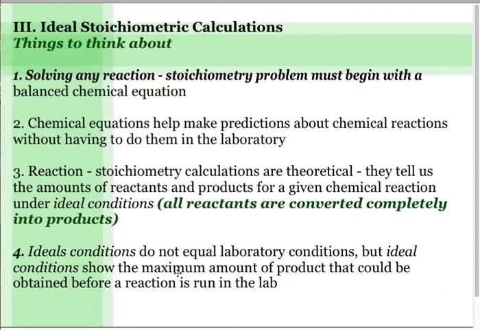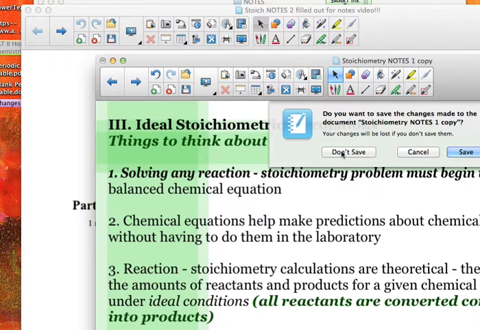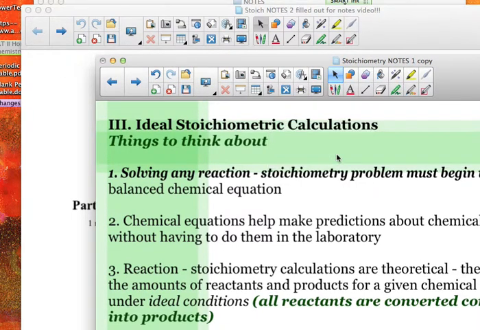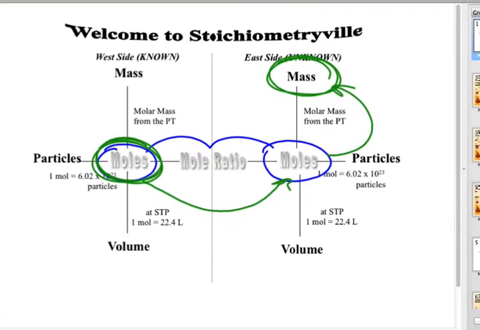You should never get more than that maximum amount, because what that means is that you just created matter, which is not really possible. So you hope you don't get more than 100%, but you also hope you don't get significantly less than 100% as well, because that means that something's not right with your lab technique. So what we're going to look at is just different problems dealing with stoichiometry.